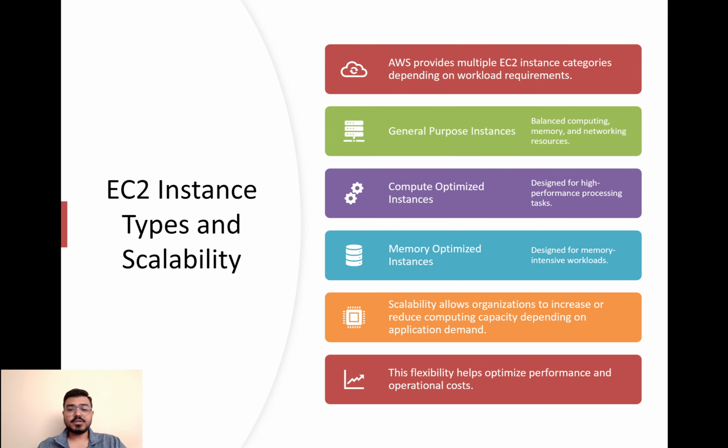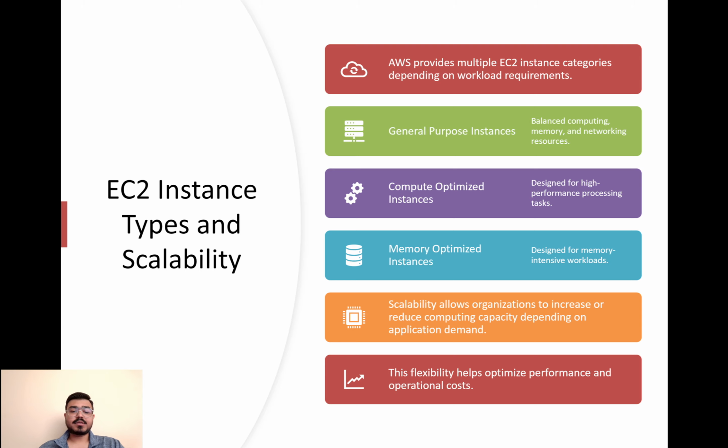Now let's understand EC2 instance types and scalability. AWS provides multiple instance categories depending on workload requirements. Different applications require different computing resources. AWS allows organizations to choose instance types based on their business needs. The first category is general purpose instances. This provides balanced computing, memory, and networking resources. General purpose instances are commonly used for website development systems and business applications.